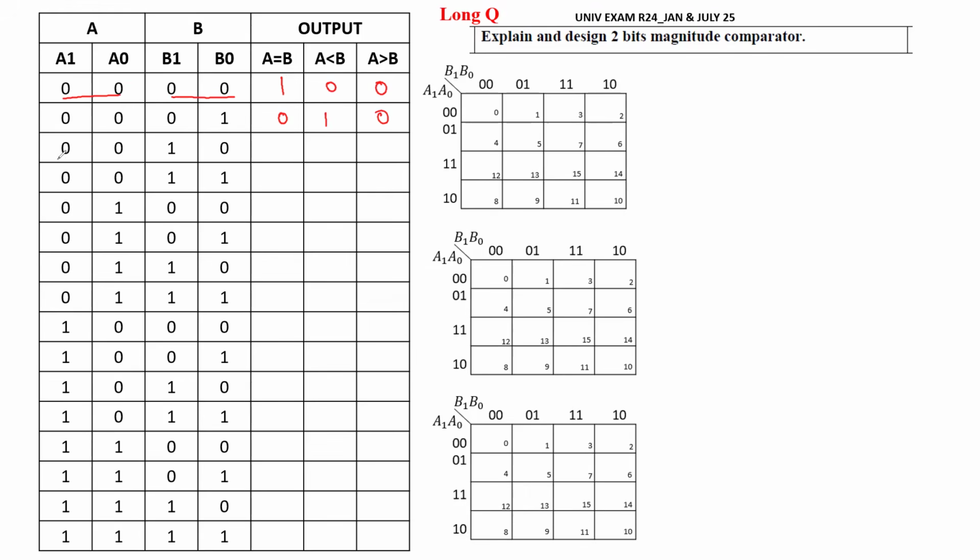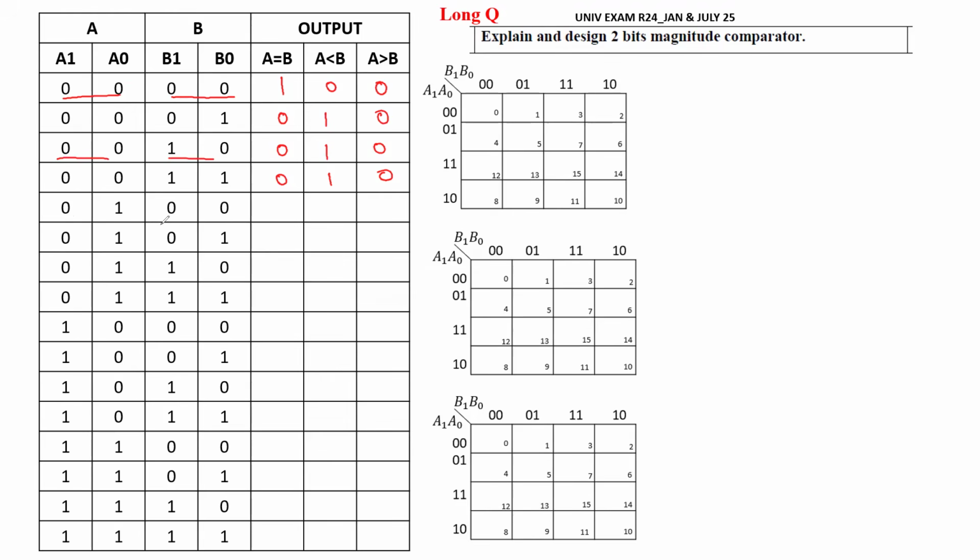Next combination 0, 0, 1, 0 means 0 and 2, that means A is less than B. Remaining are 0. Again, here 0, 0, 1, 1, 0 and 3, so A is again smaller than B. Remaining are 0.